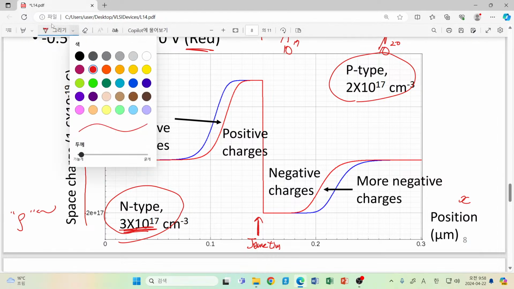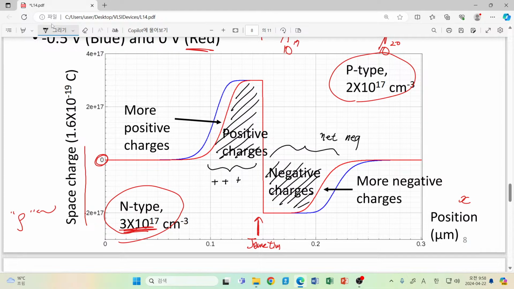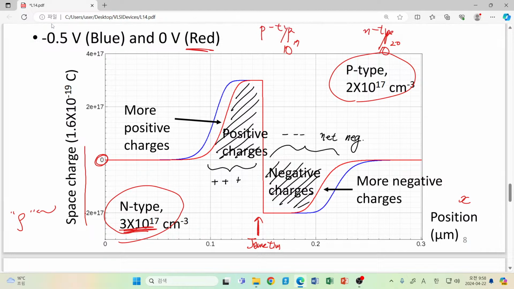Then what happens here? Across this junction, in this n-type region we have a net positive charge, and in the p-type region we have a net negative charge. Of course, the amounts of these two charges are the same.